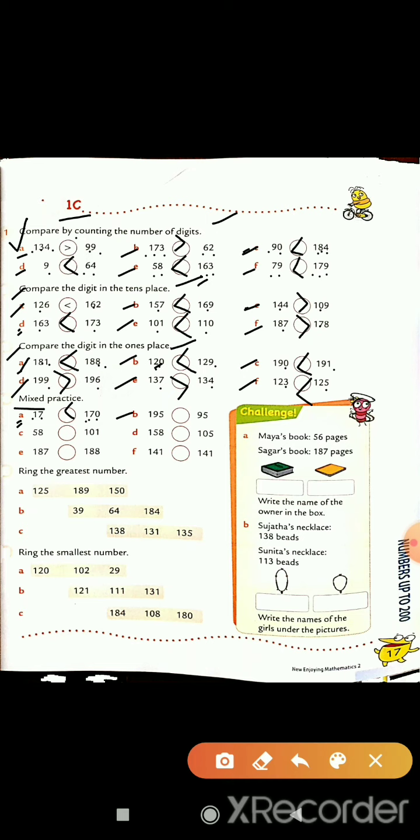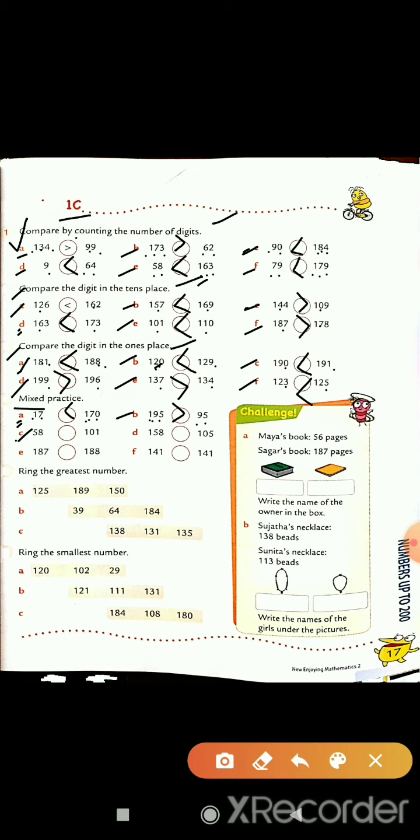B, 195, 95. Again here we have to compare it by counting the number of digits, because both the numbers are not having same number of digits. 195 is having 1, 2, 3 digits, 95 is having 1, 2, so 3 digit number is always greater than a 2 digit number, so 195 is greater than 95.